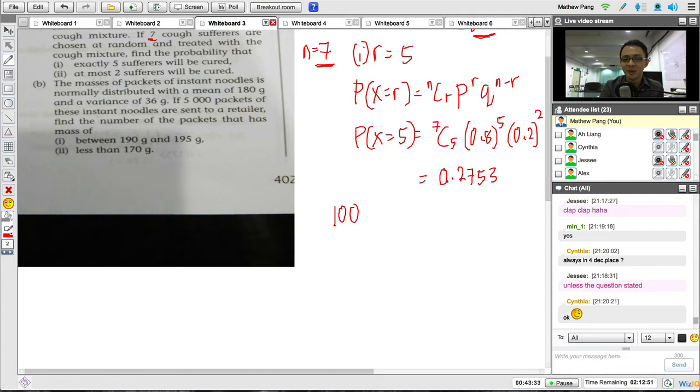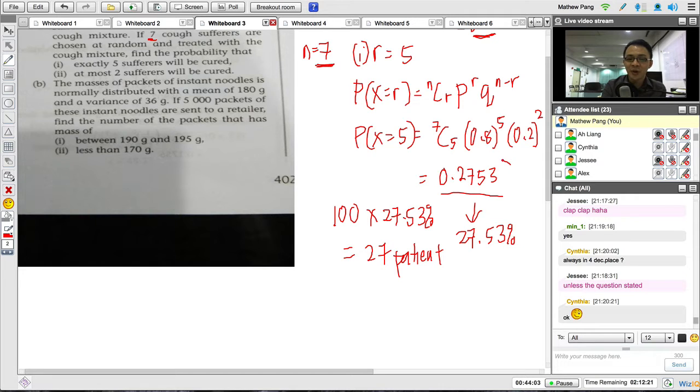It's very simple. If you got the probability, it can be converted to a percentage. You just multiply by 100%, and you get 27.53%. If I tested using 100 participants, I can straight away use 27.53. Then I will roughly get 27 patients cured using this mixture.